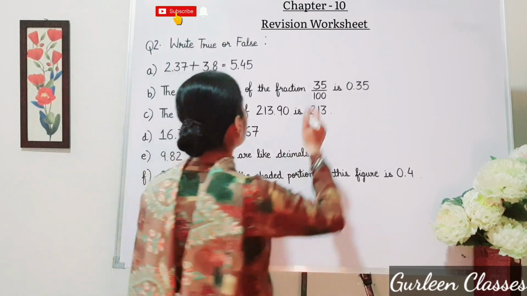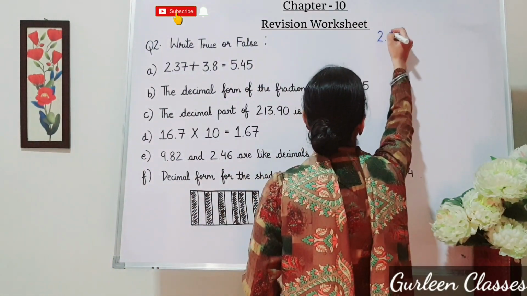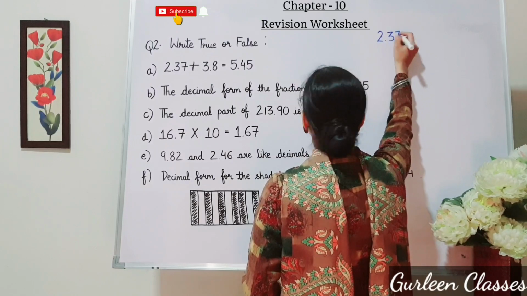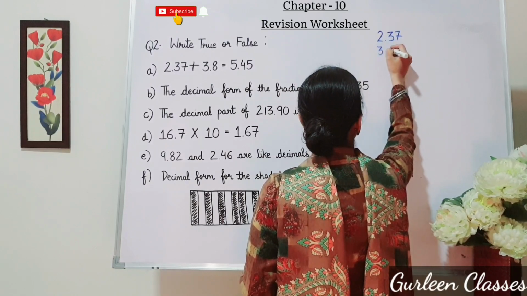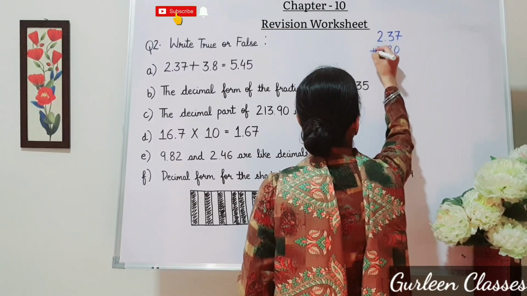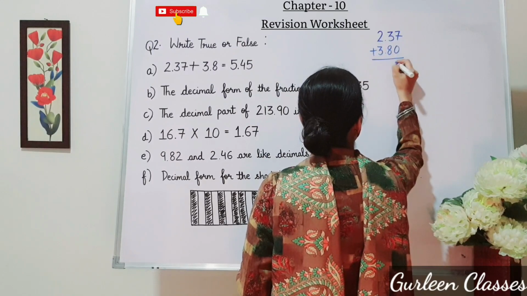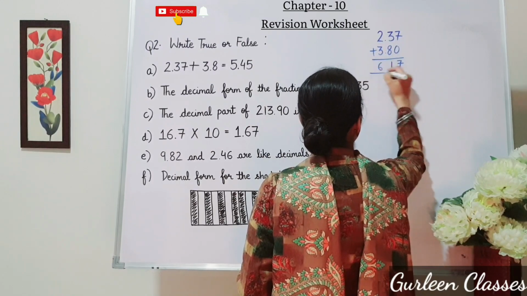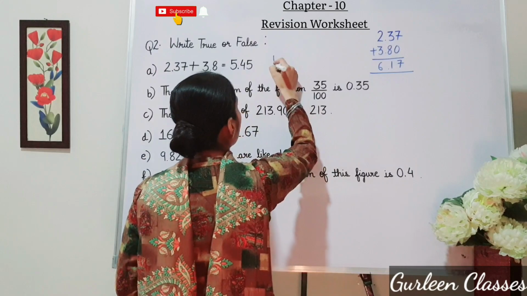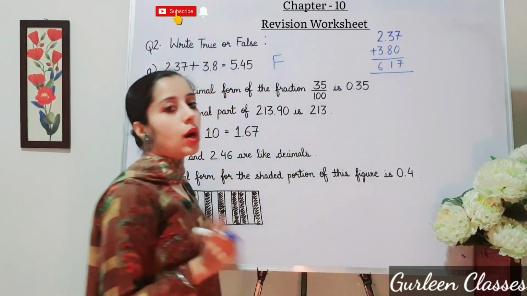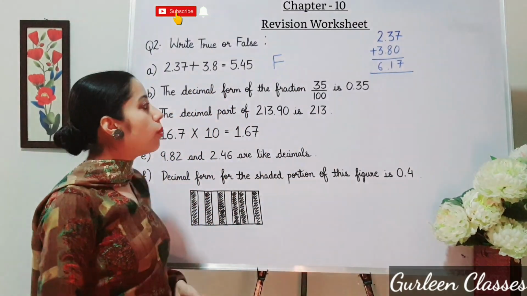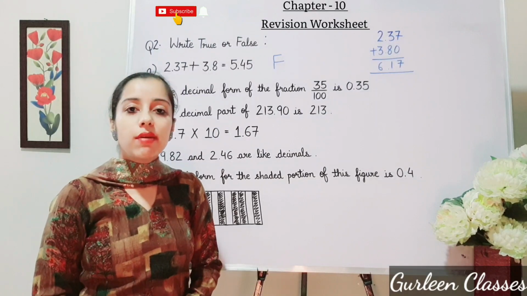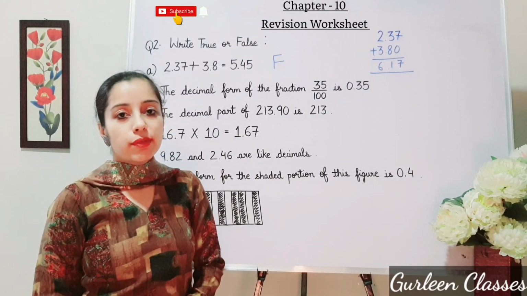So 2.37 plus 3.80. Adding, it will be 7, 11 and 6. So 5.45 is false.